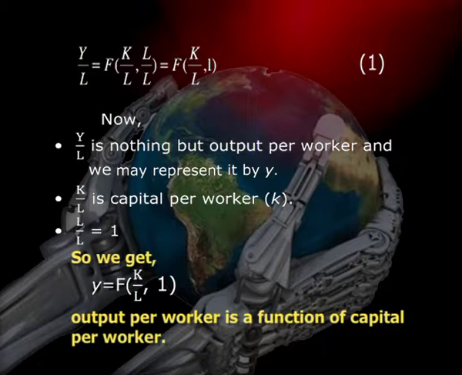Now, Y upon L is nothing but output per worker, and we may represent it by small y or by gamma. K upon L is capital per worker, which we represent by small k or kappa. L by L is equal to 1. So, we get gamma is equal to a function of K by L and 1, which means that output per worker is a function of capital per worker.